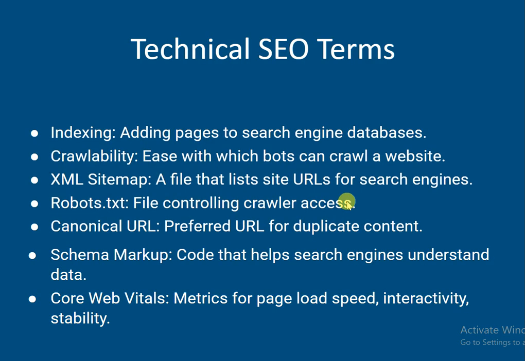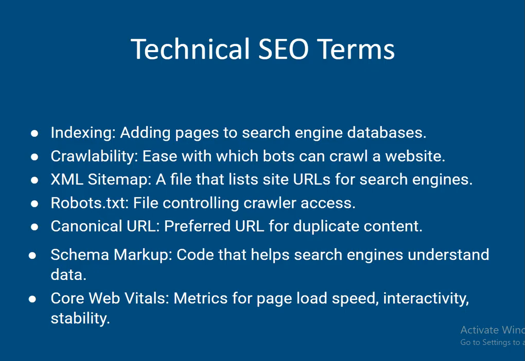technical SEO terms. There are a lot of terms related to technical SEO also. We have covered the major important key terms here. First one is indexing. Indexing refers to the process of adding our web pages to a search engine's database.